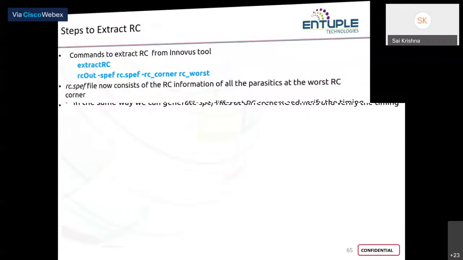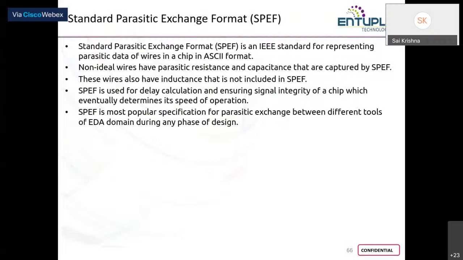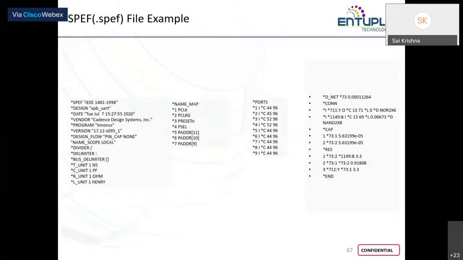So this file is going to be used for all the parasitic related analysis or information. This SPEF is written in an IEEE format and contains the parasitic information in ASCII format. So it is readable, but it is really tough to map all the parasitic information back to your design. So that is where your EDA tool would come into picture.